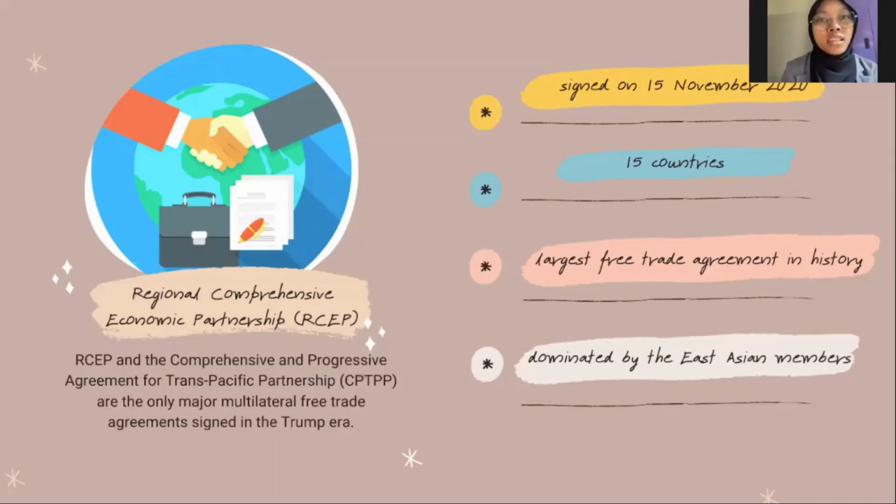RCEP was signed on 15 November 2020, and it includes 15 countries around the world, including the Asian members and the 5 regional countries. It is the largest free trade agreement in history and dominated by the East Asian members.